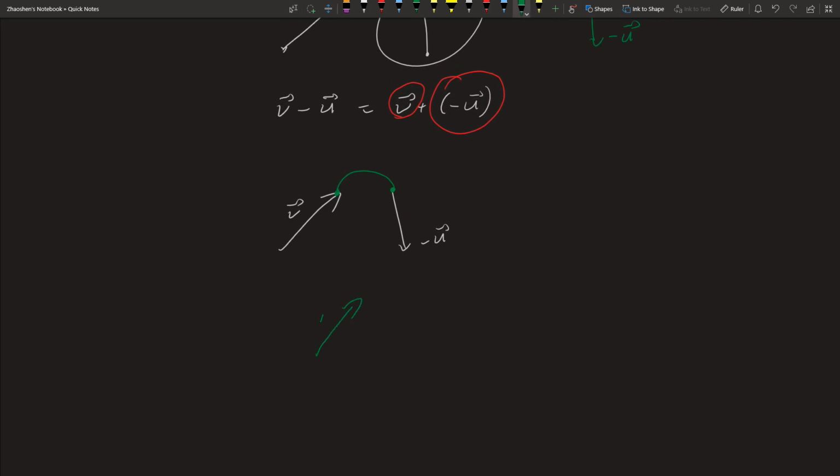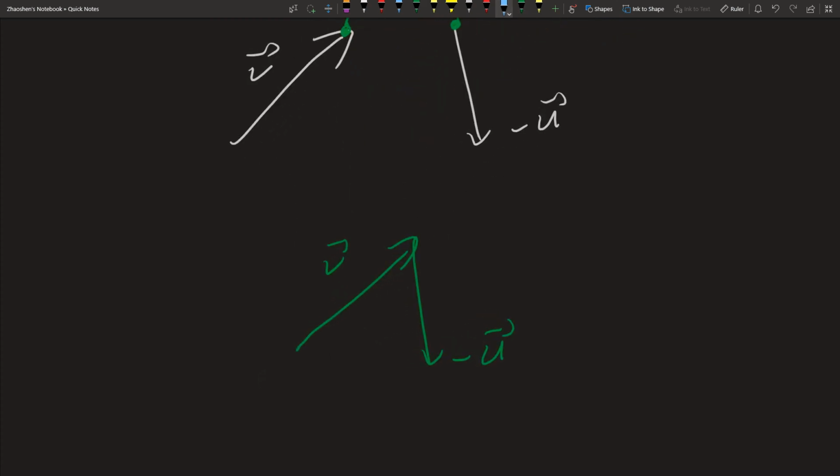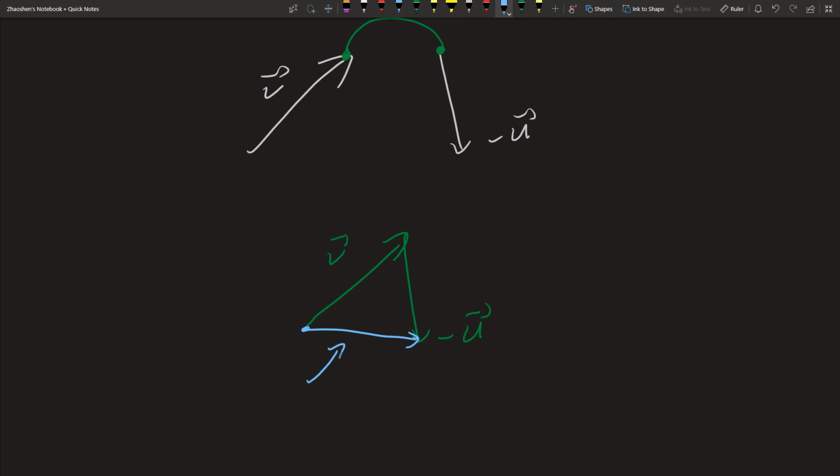Let me draw this. This is v. Let me draw it better. Like this. V, and then this is, sorry, negative u. And then the sum is just this, from the tail to the head. This right here is v minus u.